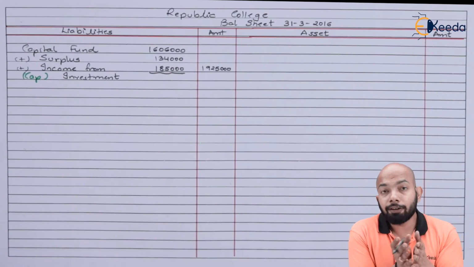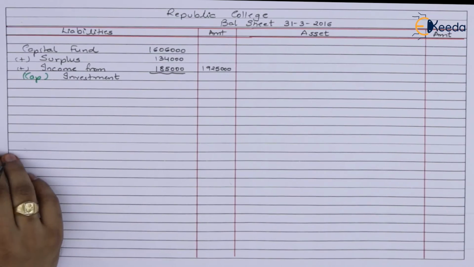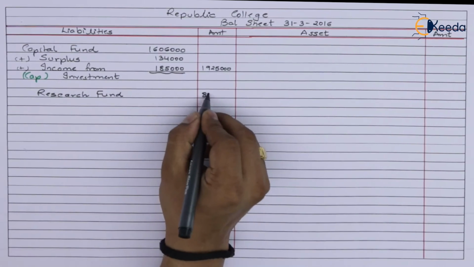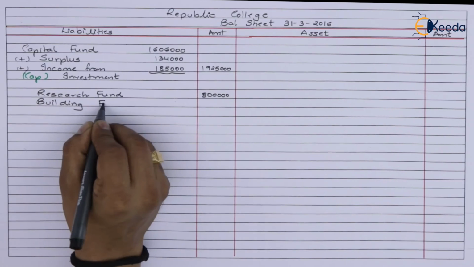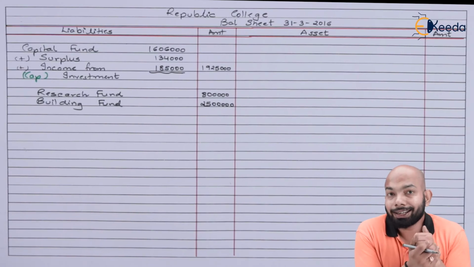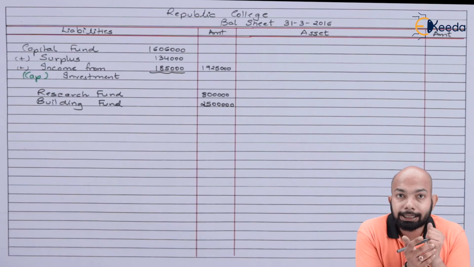Now we have the different funds that were mentioned here. We'll mention all those funds here. So apart from that, we have certain current liabilities as well. Provident fund will be a part of current liability, so we'll mention that there.